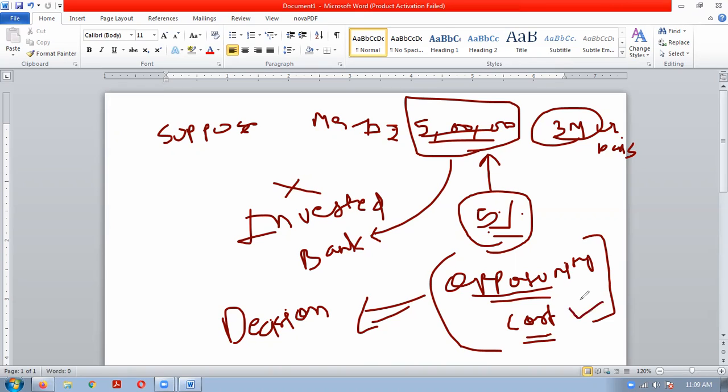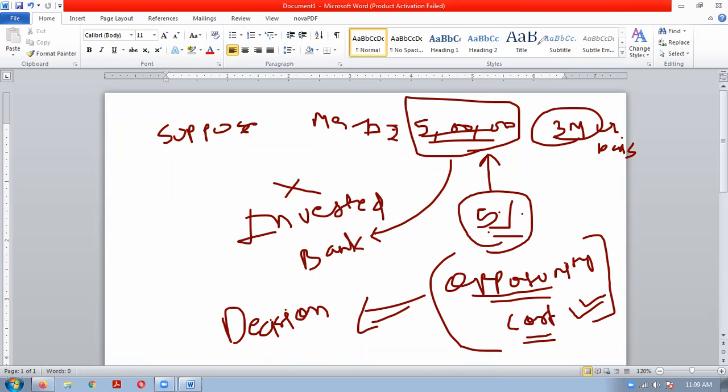Opportunity cost is a very important element of cost, because alternative decision situations will arise in practical situations. So you have to select one, and by selecting one, you are ignoring the others. So you have to take into consideration the opportunity cost before taking any decision.